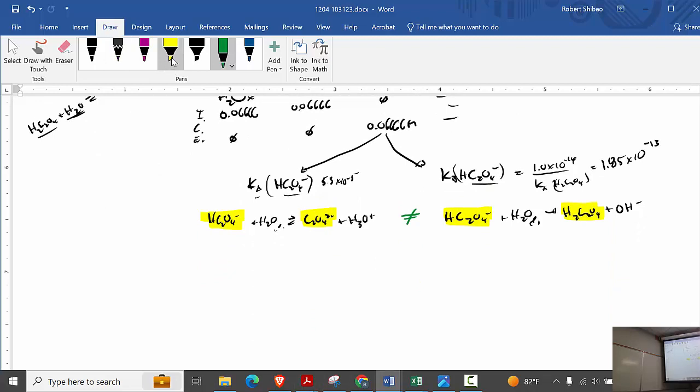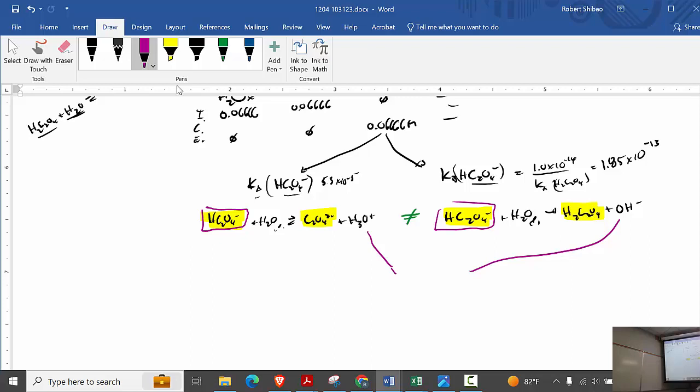Just say this. One's going to produce hydronium, the other is going to be producing hydroxide. These are related by Kw.